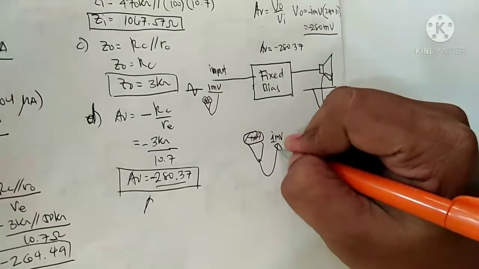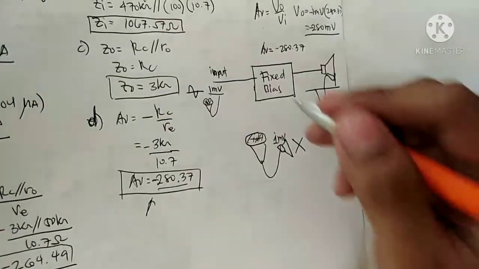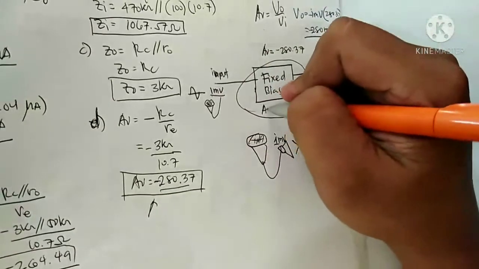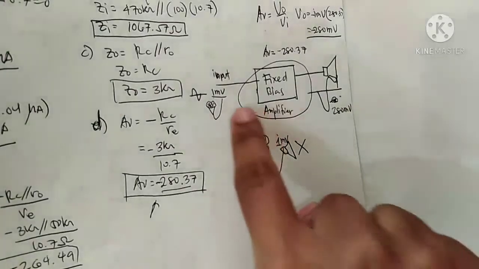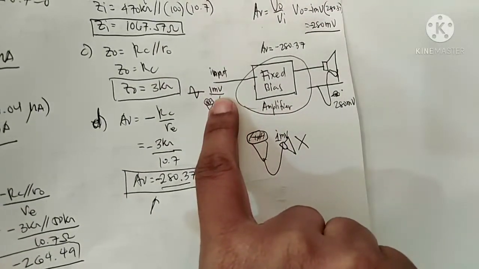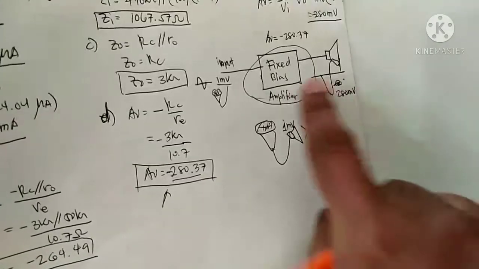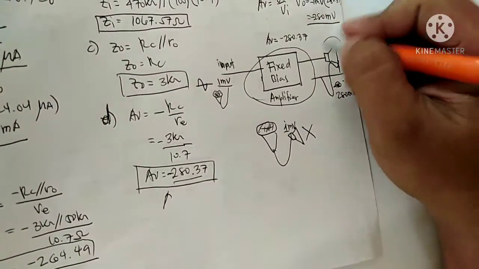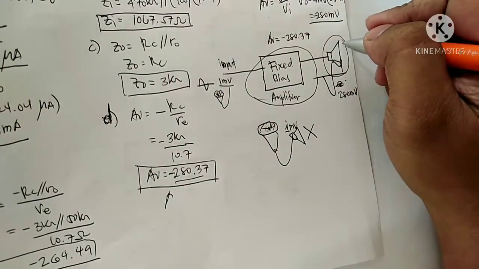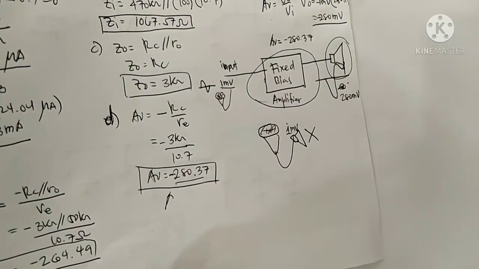If you direct it to the speaker, will the speaker be loud? No. That's why you need an amplifier in order to amplify this very small voltage into a very large voltage. That's the use of the amplifier. To drive the speakers, larger voltages are required so that it can be loud.